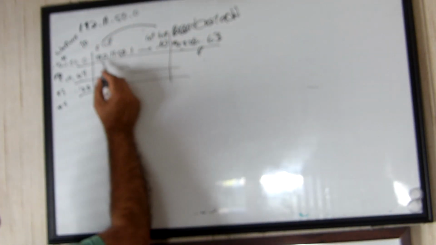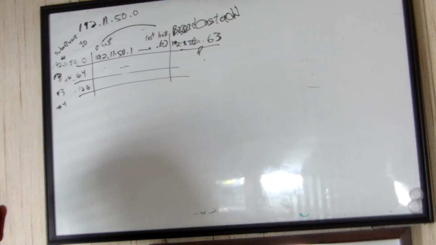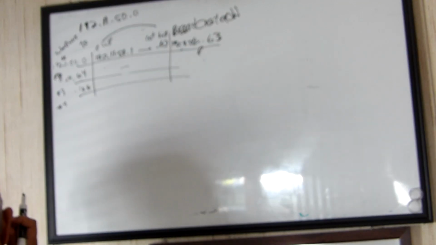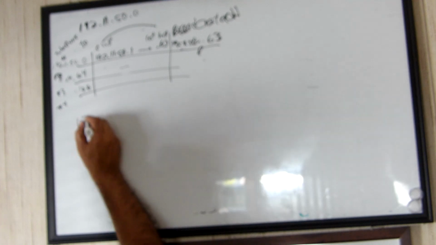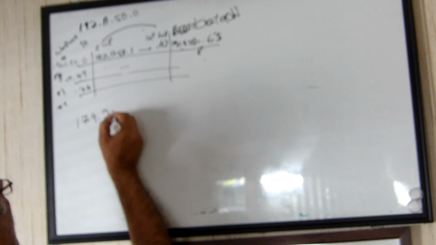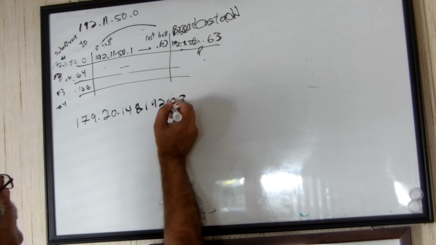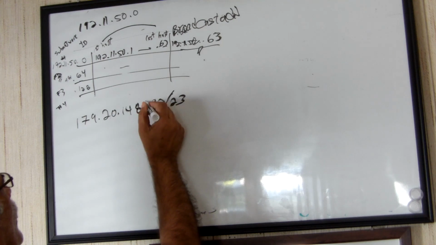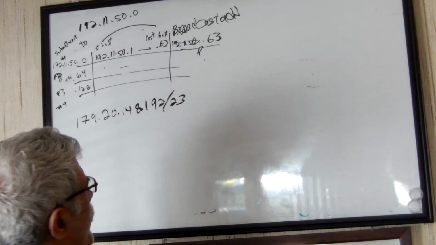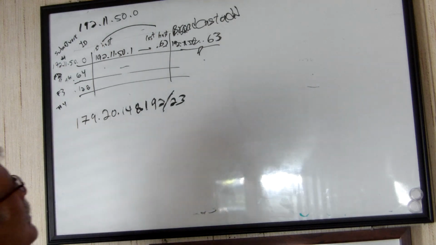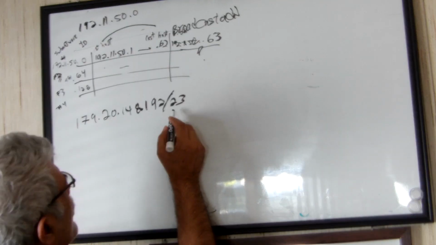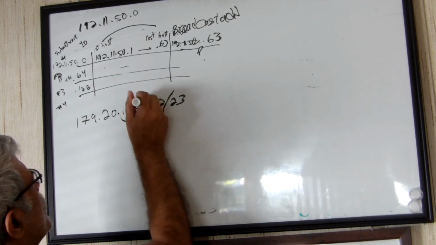The first valid host is like... And what it gives you is an address, 179.20.148.192 slash 23. So when it's 23, you've got to use this number.